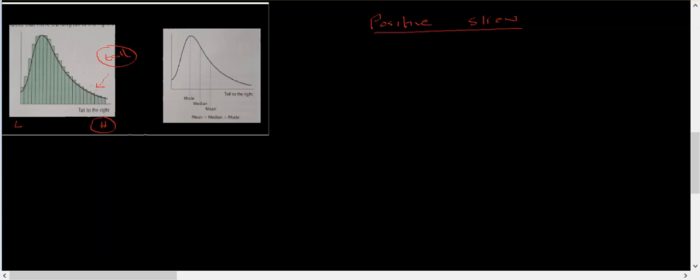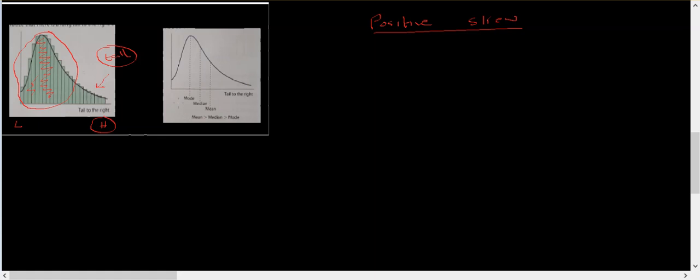And what we can see is that when you have a positive skew, most of your data falls to the left hand side. So the most frequency of your data points is going to be on the left hand side, whereas the least is going to fall on the right hand side, and that's where the tail is. So this data is not symmetrical, so it is unsymmetrical.